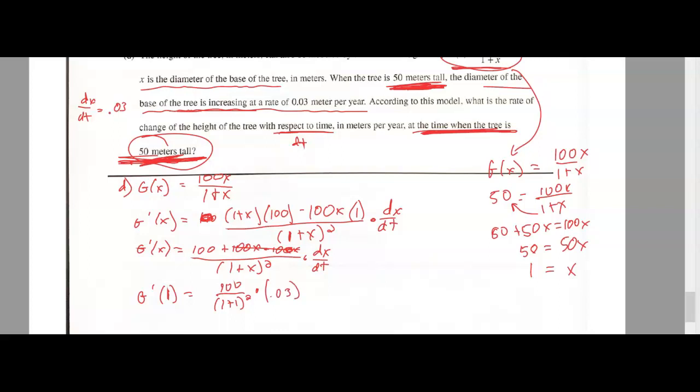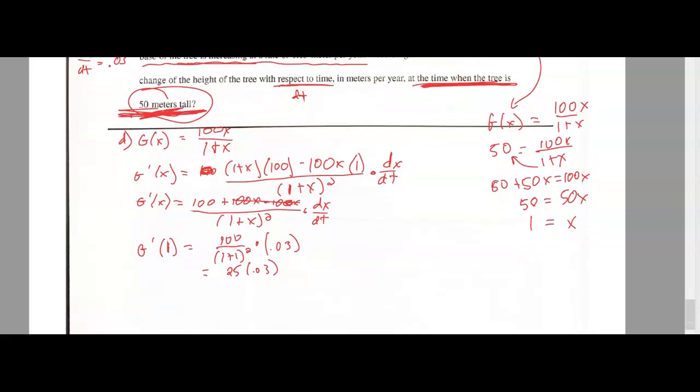All right. So that is what, 25 times 0.03. And again, this probably is okay. I would think this is probably okay. You'll have your calculator in your hand. I don't know why I'm worried about you not having your calculator. You can just multiply these together, and that should give us 0.75.